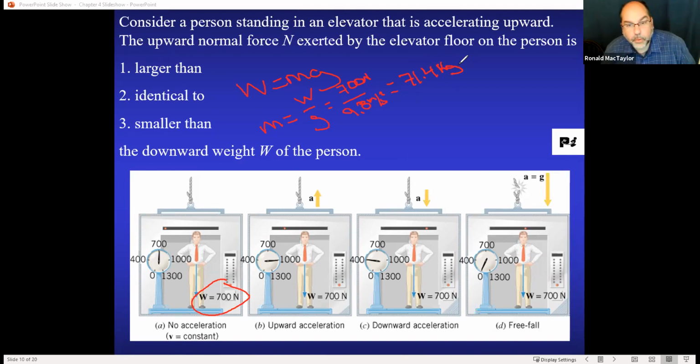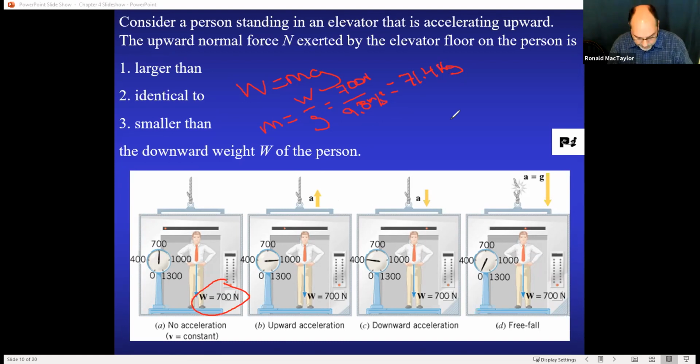So first of all, if you want to know how much you weigh using the metric system, you're probably going to report your weight in kilograms instead of newtons, but that's a mismatch, right? Mass is kilograms, weight is a force in newtons. So this person weighs 71.4 kilograms.